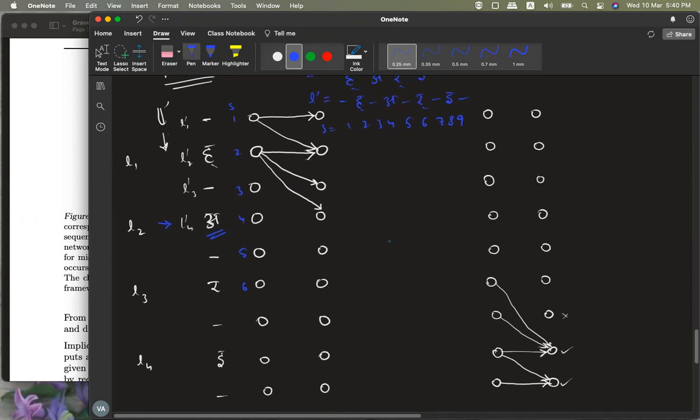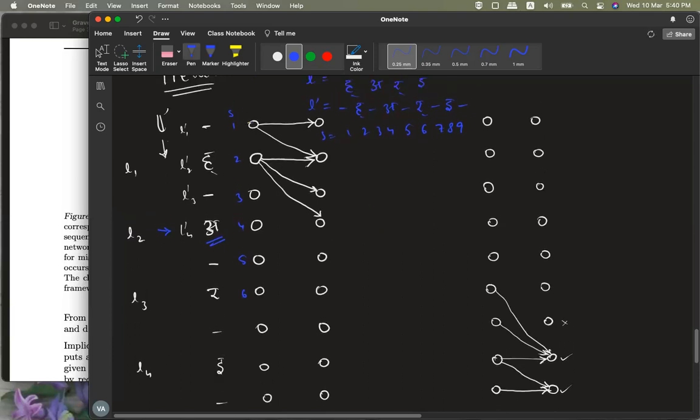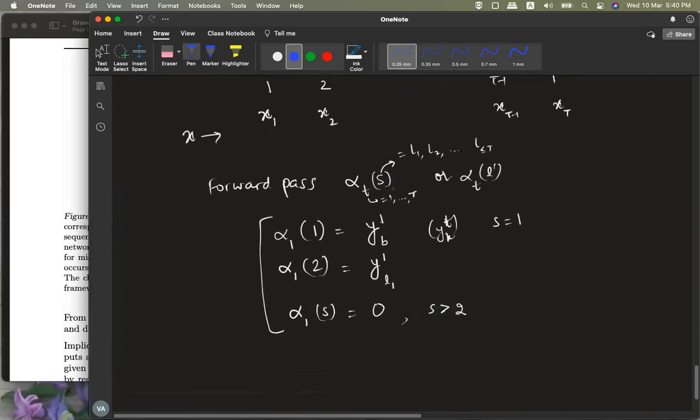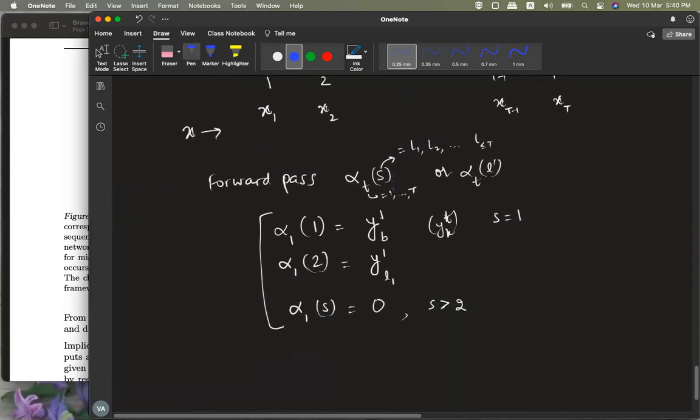Okay, so let us look at our trellis formulation. Means how do we do DP or something? So we start from here. We compute our tokens. Basically, we compute the accumulated probability, right? Accumulated weights. So let us say when I do a forward pass, alpha(t,s) is accumulating all the weights until I reach node s comma t.